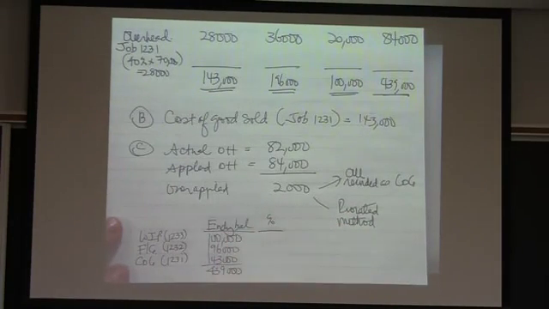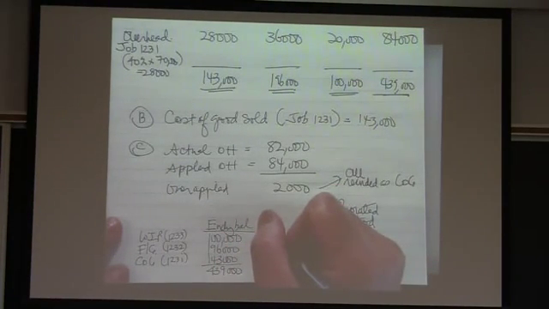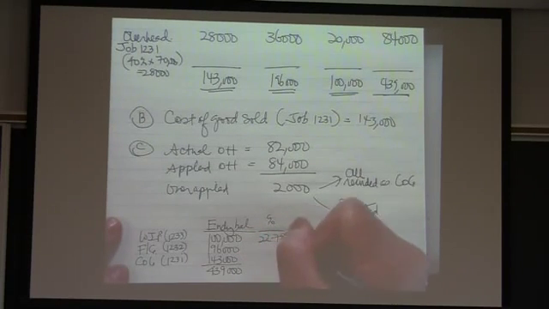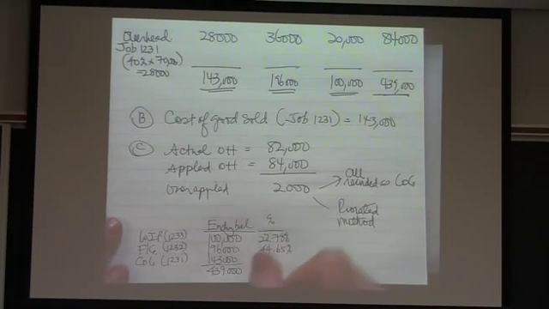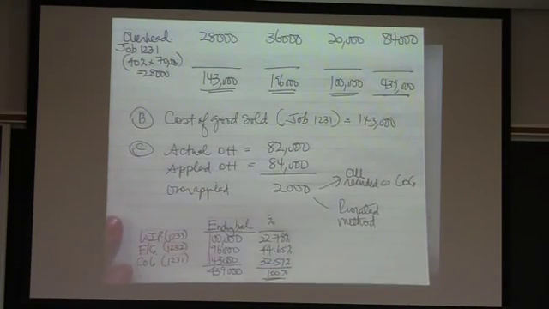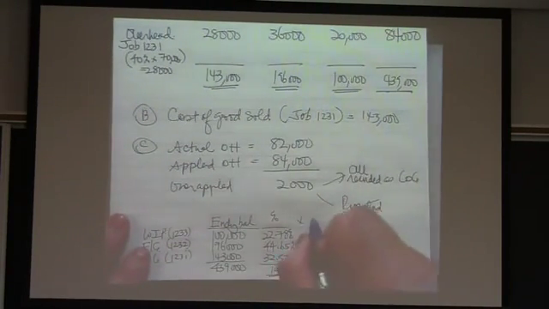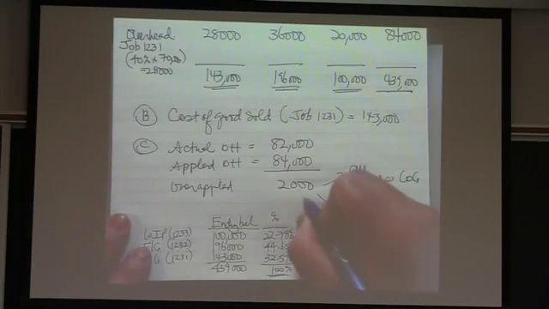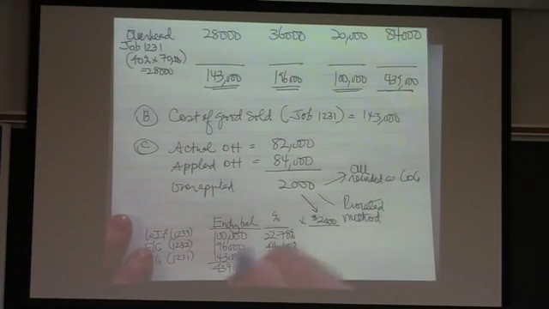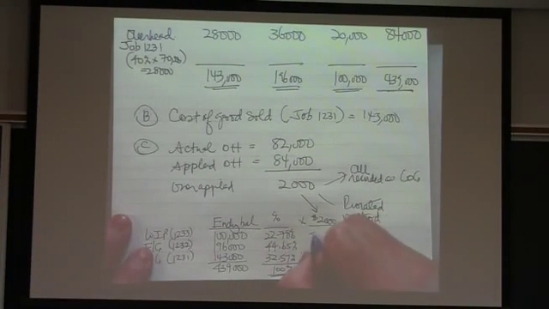So 100 divided by 439 is 22.78%. This is 44.65%. And this is 32.57%. We're going to multiply this by $2,000, which is what we calculated to be over applied. Then each one of these will share.